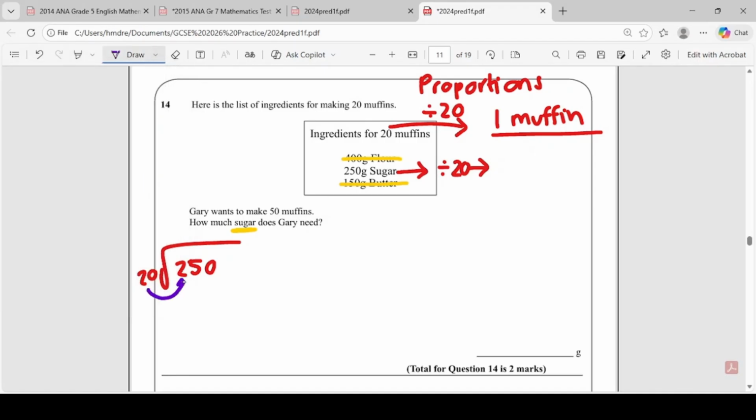So can 20 go into 2? No. Can 20 go into 25? Yes, it goes in 1 time, remainder 5. Can 20 go into 50? Yes, it goes in 2 times. Remainder 10.